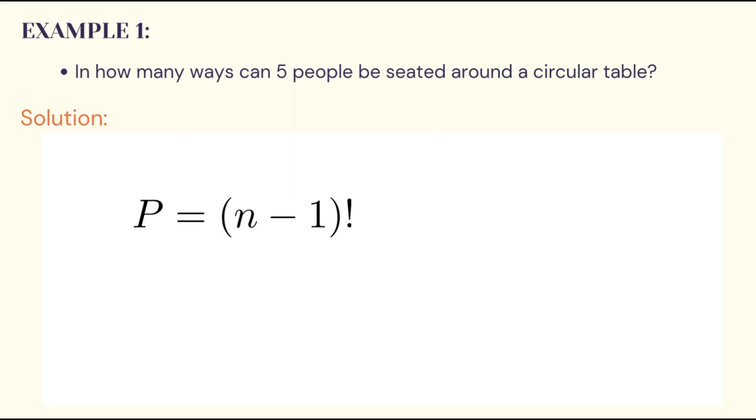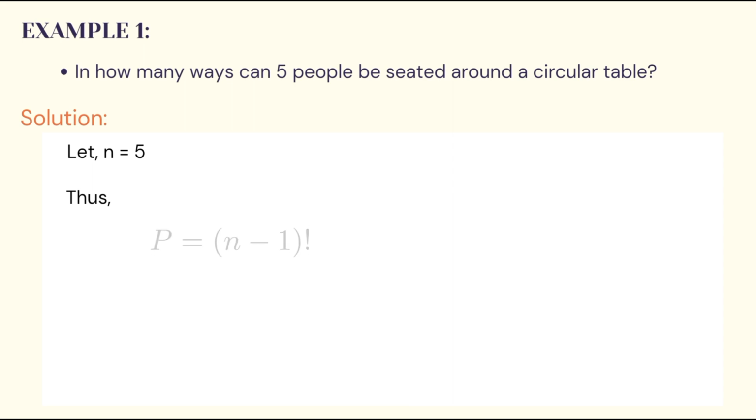In this type of permutation, we only need the value of n, which is the number of items or objects in the set. Let's identify the objects and the total number of them in the set. In this case, the objects are the people, and there are 5 of them. Hence, n will be equal to 5.